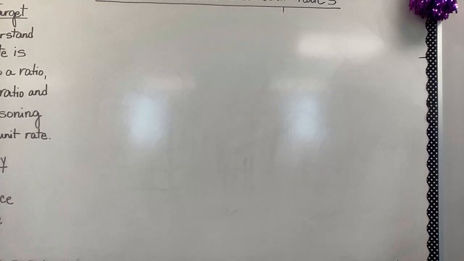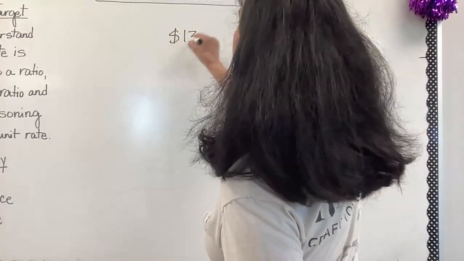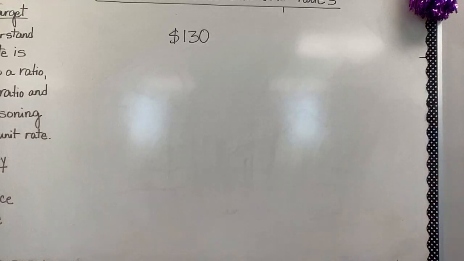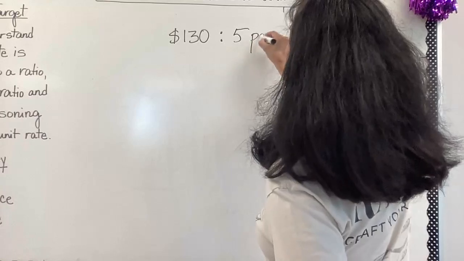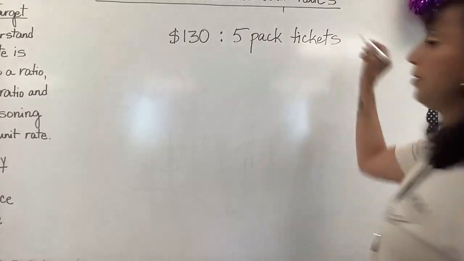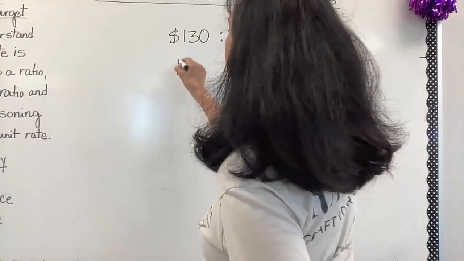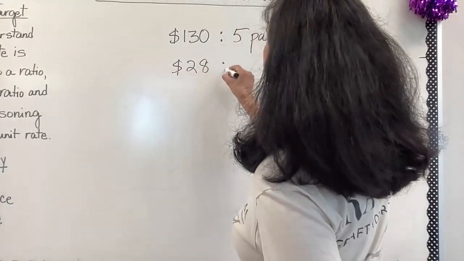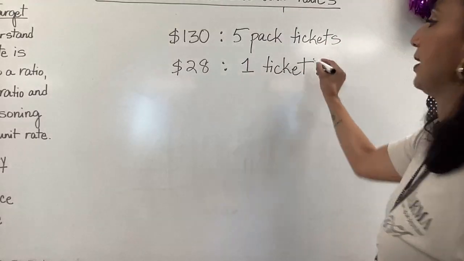Carolina's mother can pay either $130 for a 5-pack of student tickets, or $28 for each individual student ticket, for one ticket.